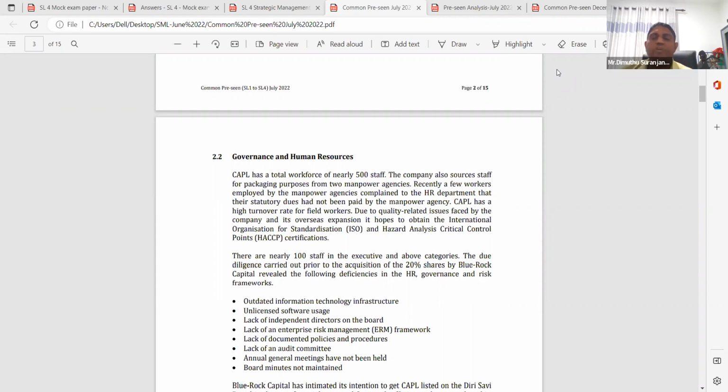Normally this company has a high turnover rate for field workers, so they are facing some quality-related issues, and they try to get some ISO certifications on quality. Then there are 100 employees in executive capacity.